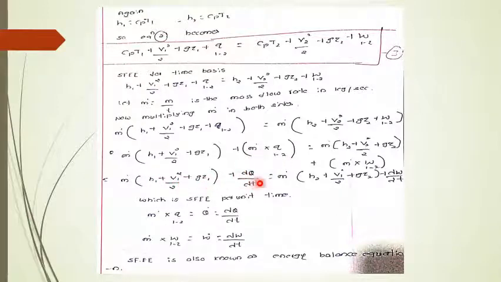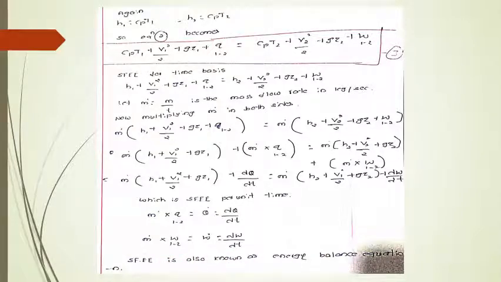This is nothing but dQ by dt, that is the change of heat with respect to time, equals m dot into h2 plus V2 square by 2 plus gz2 plus the change of work transfer with respect to time. This is the steady flow energy equation for time basis, and the earlier one is for mass basis.